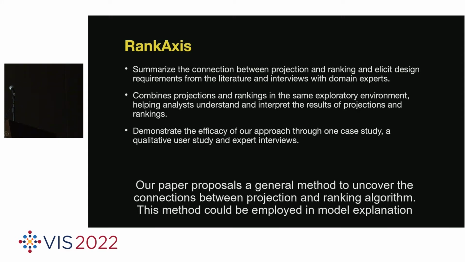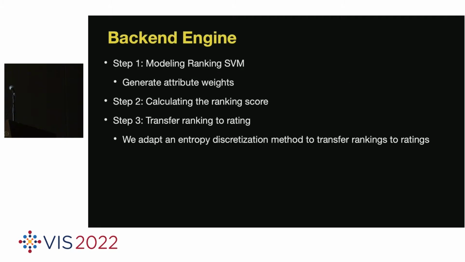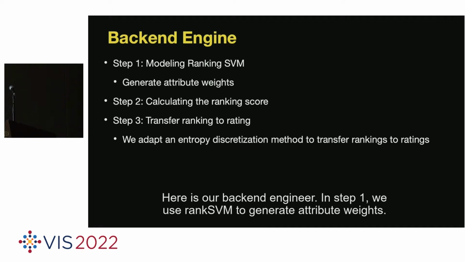Our paper proposes a general method to uncover the connection between projection and the ranking algorithm. This method can be explored in model explanation. Here is our back-end pipeline. In step 1, we use rank SVM to generate attribute weights.